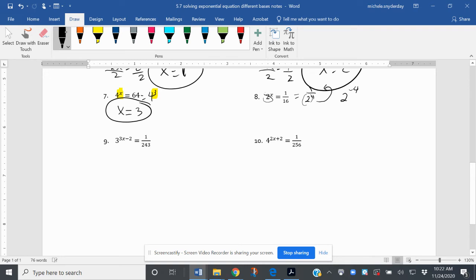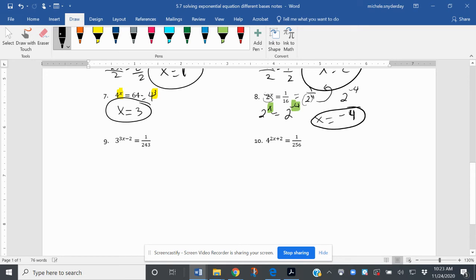So now our problem is going to be 2 to the x equals 2 to the negative 4. And now we can just set our exponents equal to each other, so there's no math other than rewriting our exponents. And we have x equals negative 4. So the charts from yesterday are very, very useful.